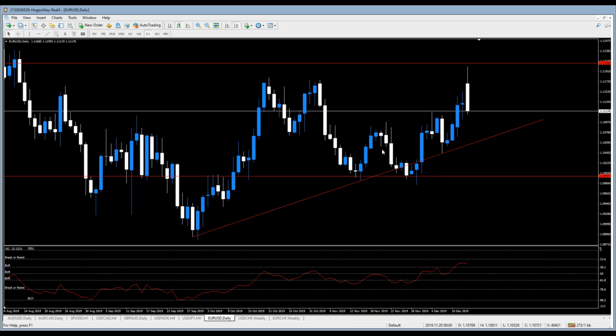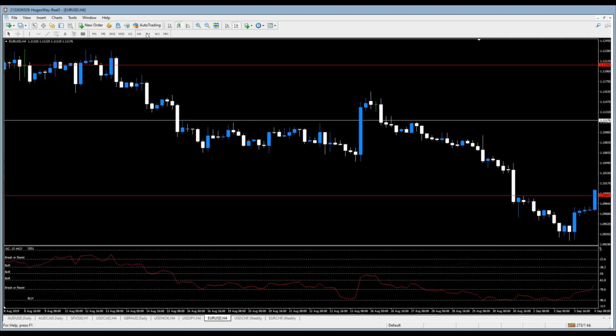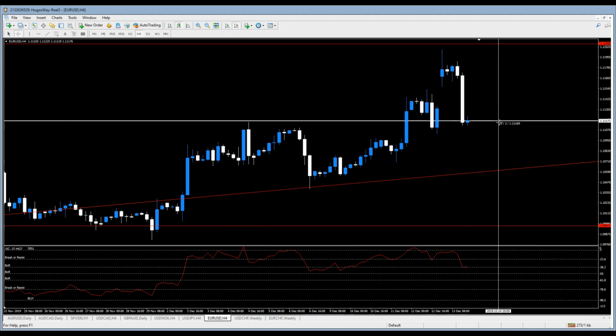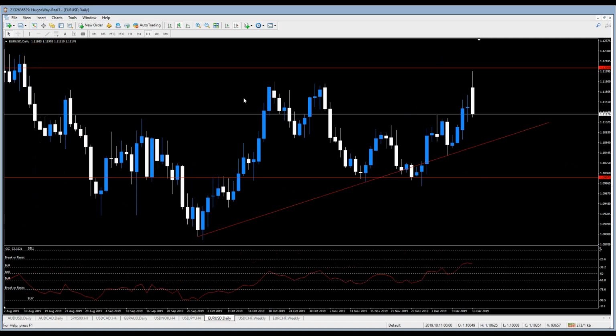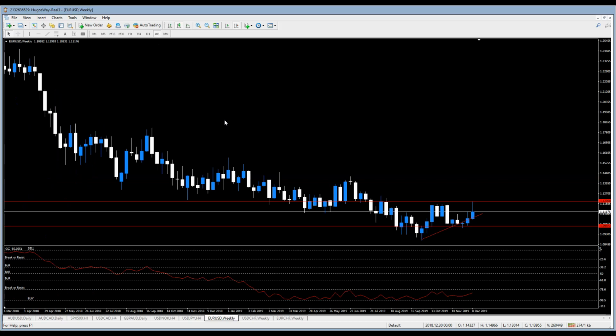It was testing very heavy. So what I wanted to see is price take a 45 to 55 pip drop, just for a quick sell, but then we're gonna see a big bullish movement after this.